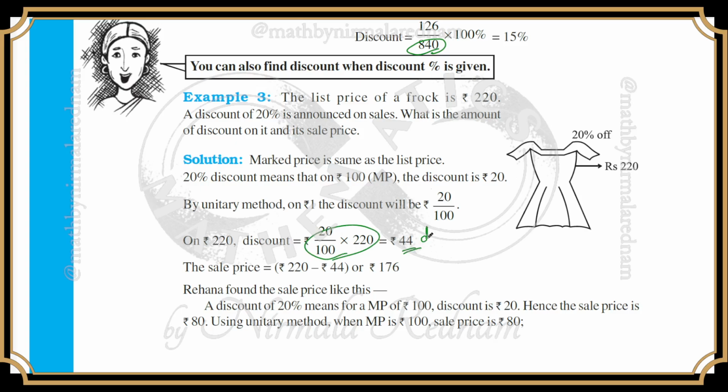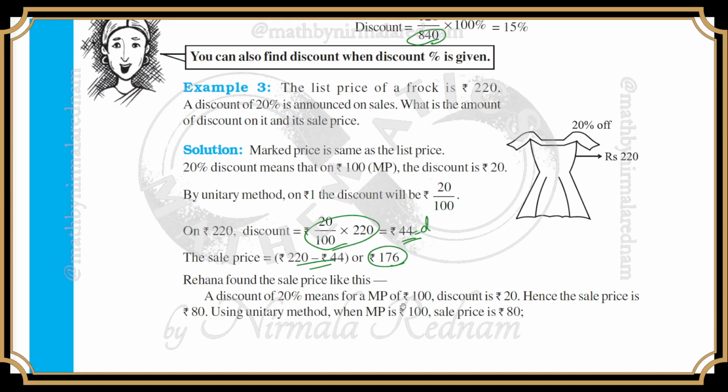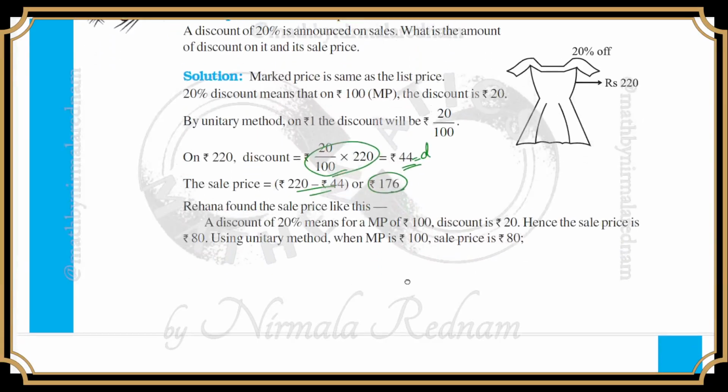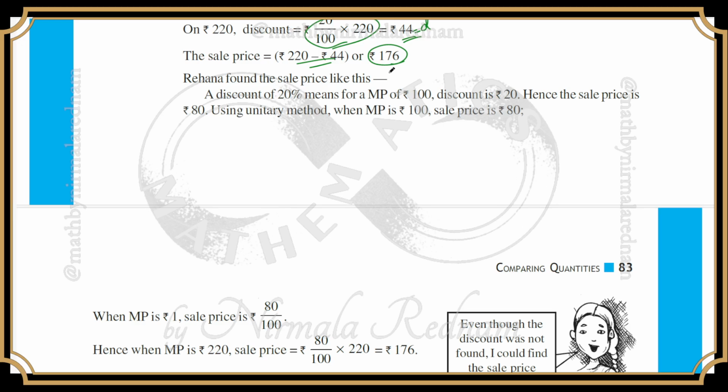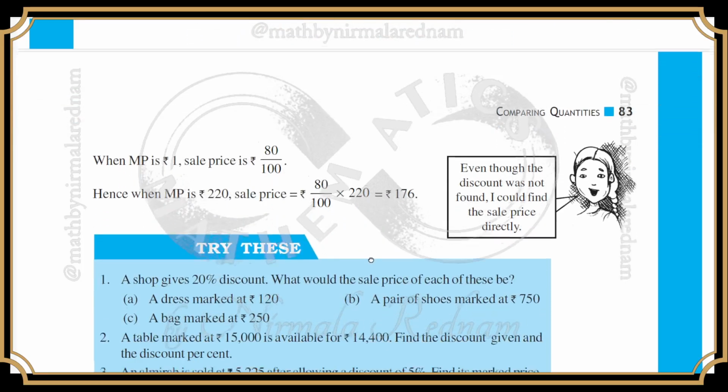So if this is your discount amount, you subtract it from your marked price, you're going to get the selling price. Okay. So that is how you calculate the selling price. And then, so 176 rupees is your selling price. So they have given two different methods of finding it.